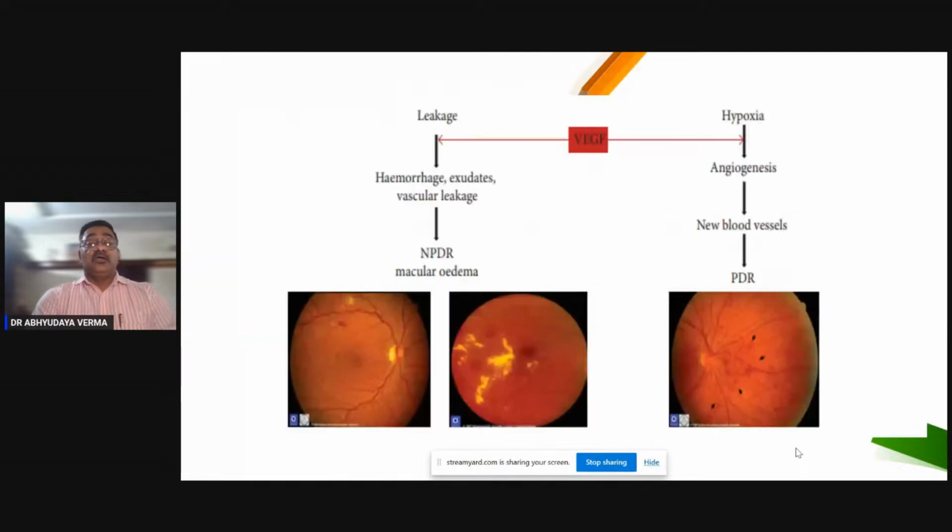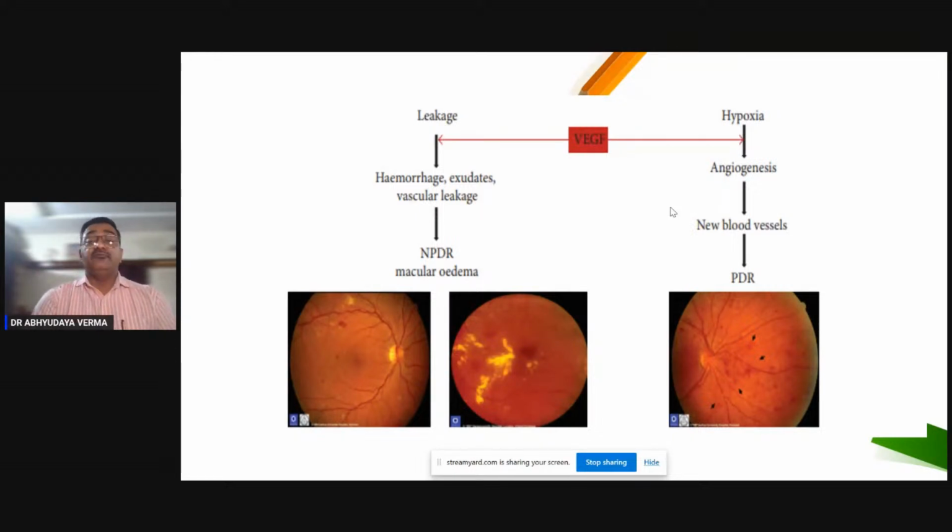And here again, the vascular endothelial growth factor leads to leakage and hypoxia, leading to hemorrhage, exudates, vascular leakage, causing non-proliferative diabetic retinopathy or macular edema on the left side. And on the right side, you can see hypoxia leads to neoangiogenesis, new blood vessel formation, and increased chances of bleeding.